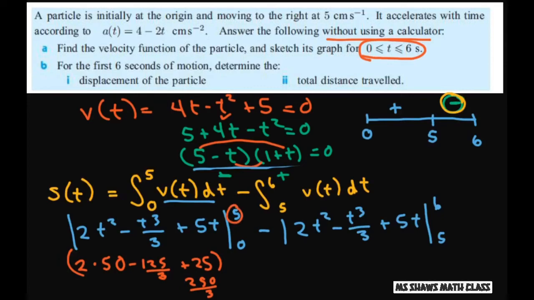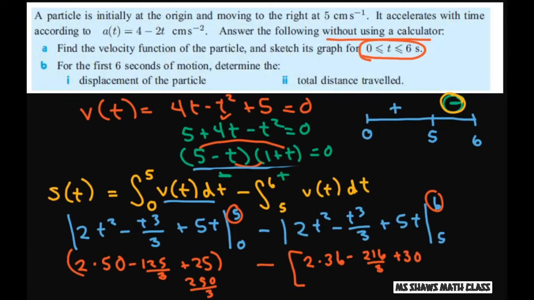So that's that. Now minus, now we plug in 6, and that's going to give us 2 times 36 minus 216 divided by 3 plus 30.